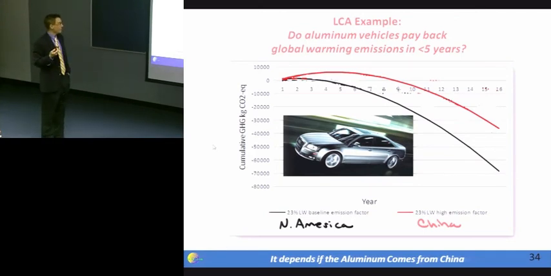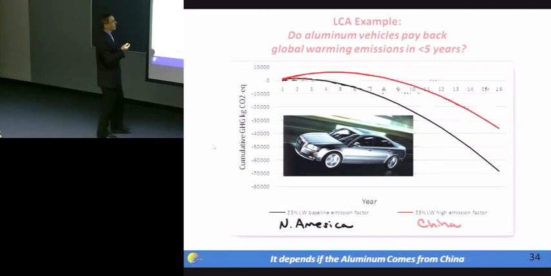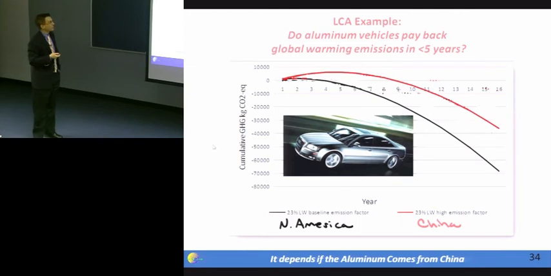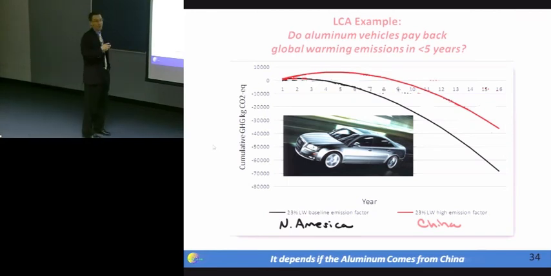It's interesting, though, life cycle assessment tells us this is the average kilogram of aluminum from the U.S. The average kilogram of aluminum from China has a higher footprint with respect to greenhouse gas emissions. So it's going to take longer to pay back. And it's not like the U.S. is that great. If you get your aluminum from Brazil, that payback period is going to be a lot shorter than 3.5 years.